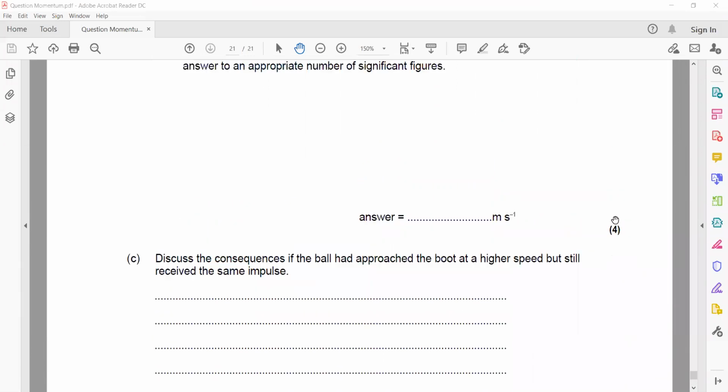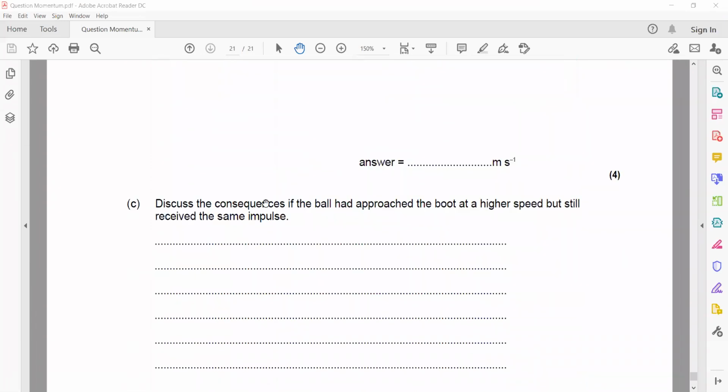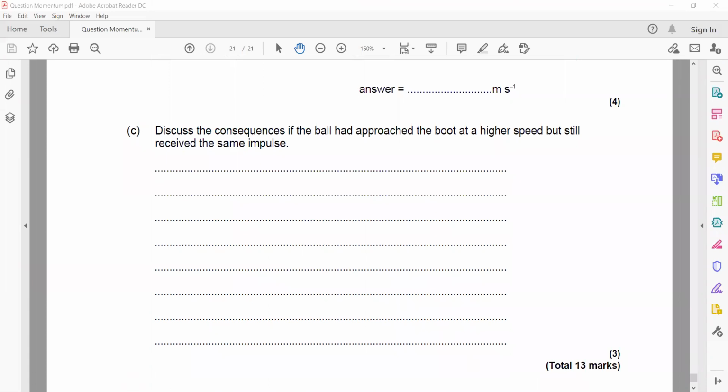Page number 21. This is page 21. Discuss the consequences if the ball had approached the board at a higher speed but still received the same impulse. So basically, what happened?